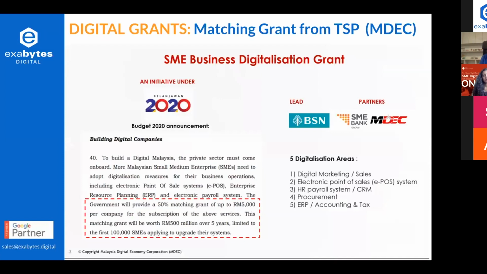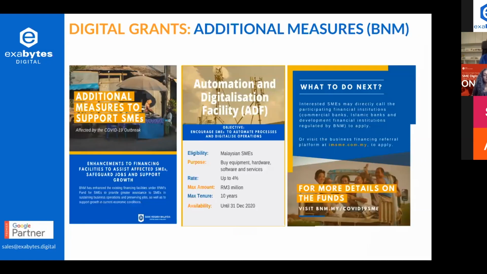And another one is for SMEs, we have the matching grant. Exabytes is also one of the TSPs in the digital marketing sales areas. So this matching grant is also 50% and up to 5,000 per company. You can also use that to subsidize your digital transformation. Another one is just something Matrade sent over to me this morning.